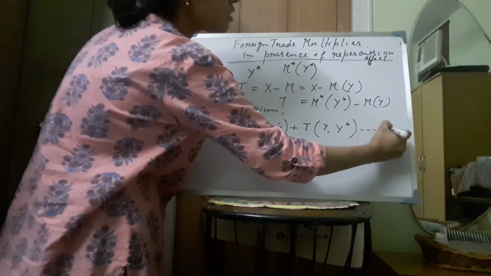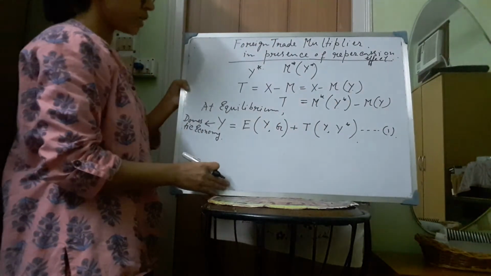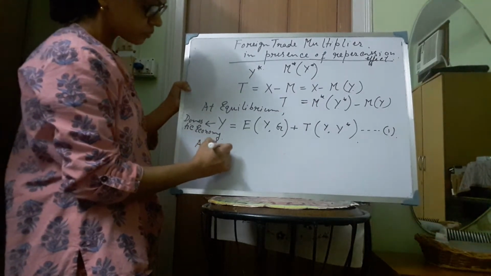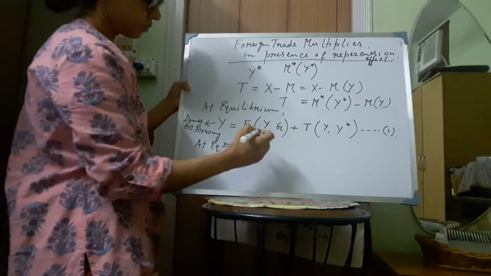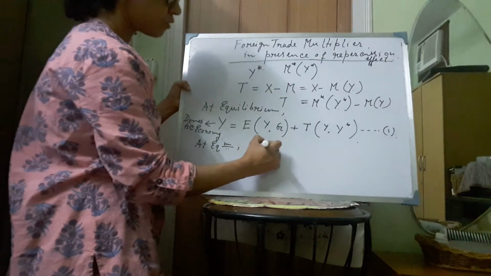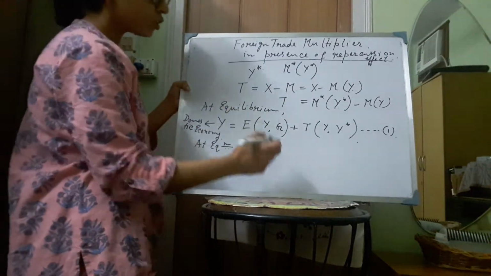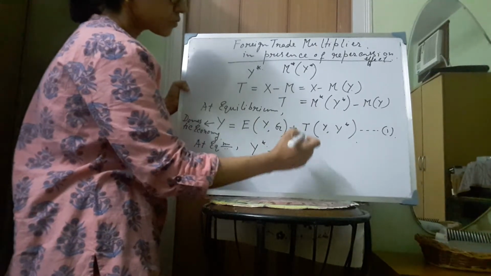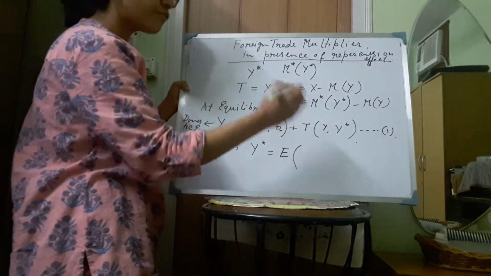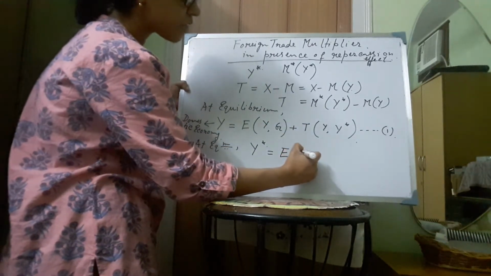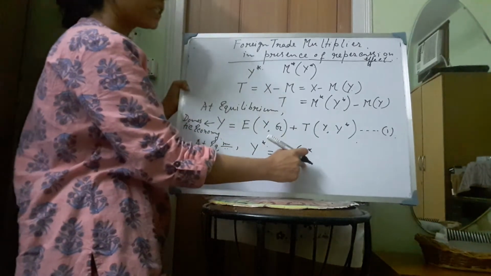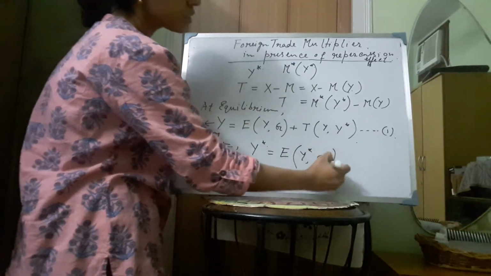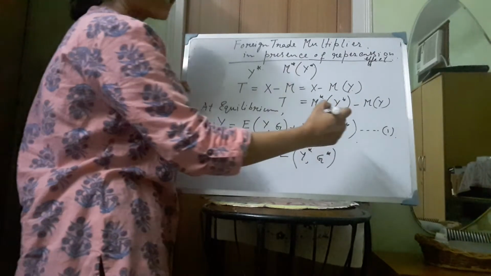So this equation is denoted by equation 1. Now in the foreign country at equilibrium, the condition is Y star, where Y star is the foreign country's total income. Now Y star is a function of E, the domestic absorption in the foreign country, which will be a function of Y star, that is the foreign country's income, and the foreign country's government expenditure, plus the trade balance of the foreign country.